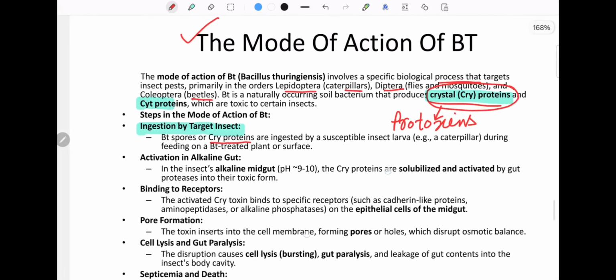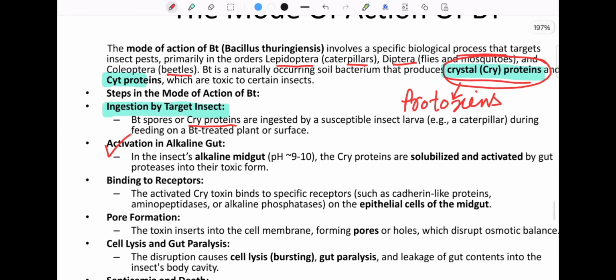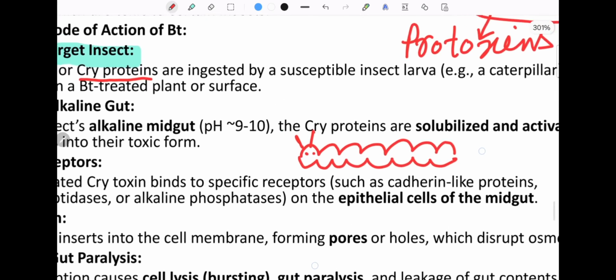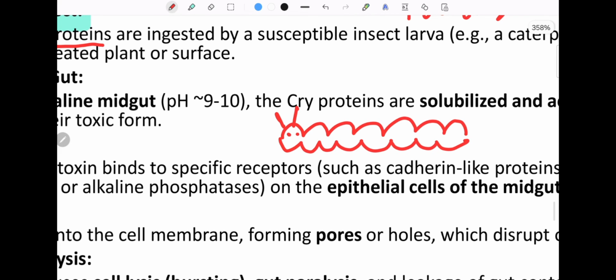Where do they get activated? Activation occurs in alkaline pH within the caterpillar body, because the caterpillar ingested that Bt.